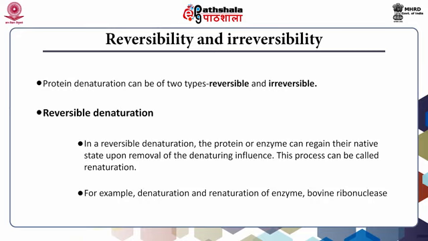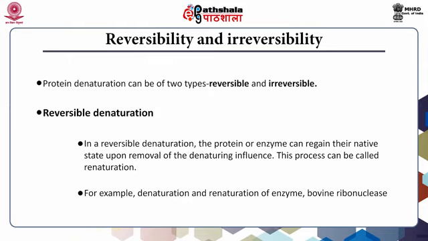For example, the enzyme bovine ribonuclease contains 4 disulfide bonds. When treated with beta mercaptoethanol and urea, the disulfide bonds are reduced to SH groups, thus denaturing the enzyme and leading to the loss of enzyme activity.